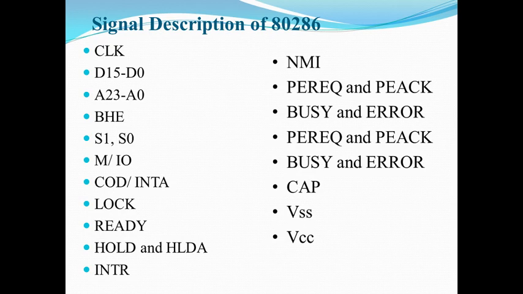Next, NMI, well known as the non-maskable interrupt request. This is again an active high, edge triggered input, and is equivalent to the INTR signal of type 2. In this case no acknowledgement is required. INTA bar is always used as a response for the INTR, because here the device wants to know whether its request is going to be processed or not.